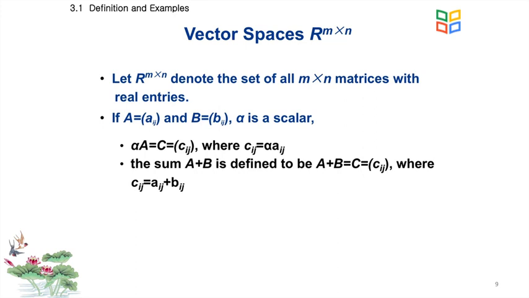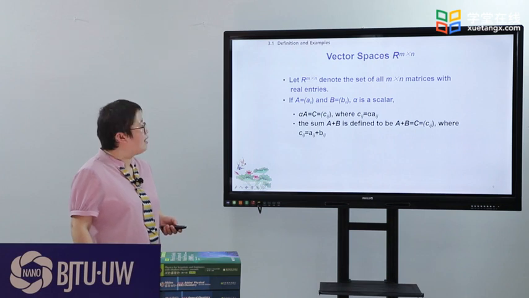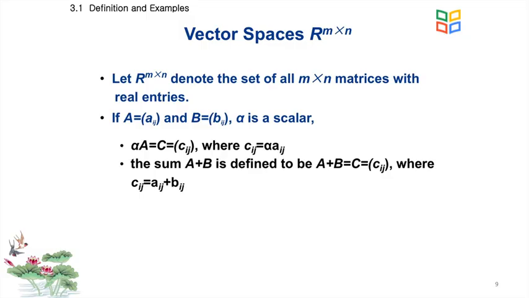And now we consider vector spaces for n by n real matrices. Let R^(n×n) denote the set of all n by n matrices with real entries. If A is represented with representative entry a_ij, B has representative entry b_ij, and alpha is a scalar, then alpha times A, this new matrix, let us denote it as C, has c_ij as its representative entry, where c_ij equals alpha times a_ij.